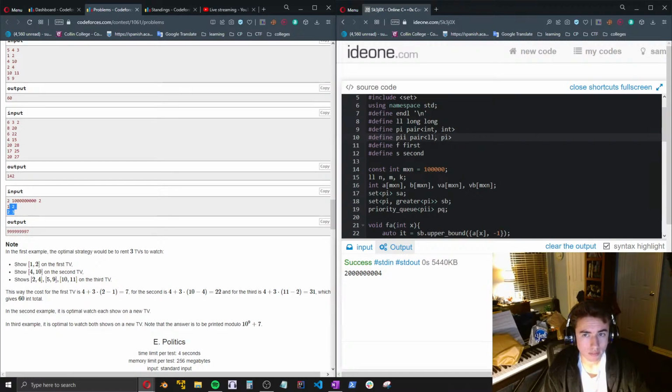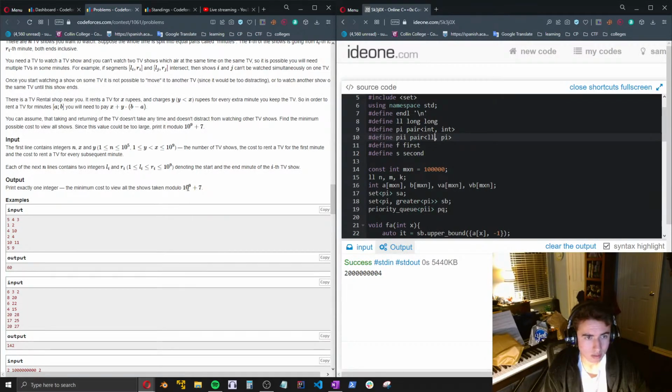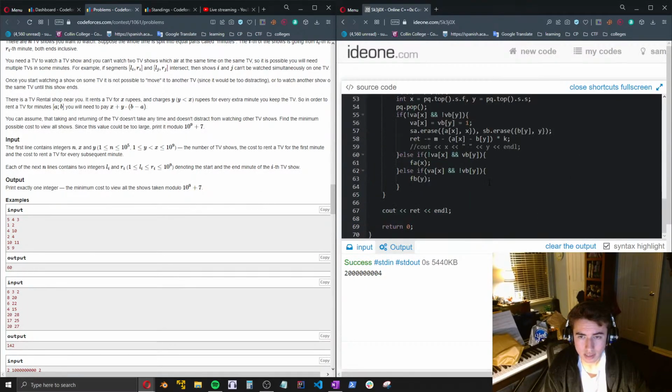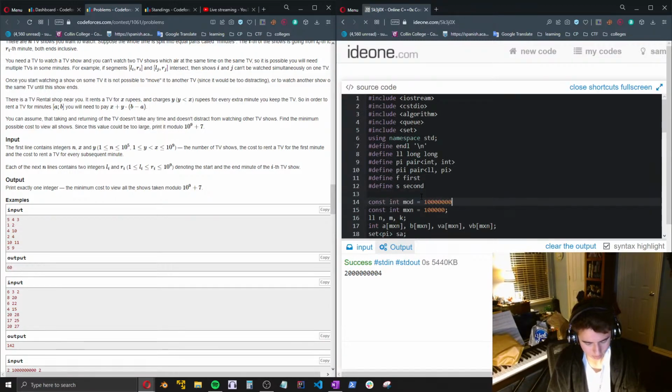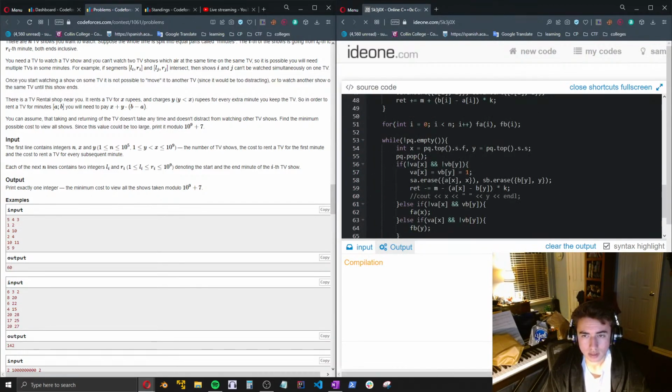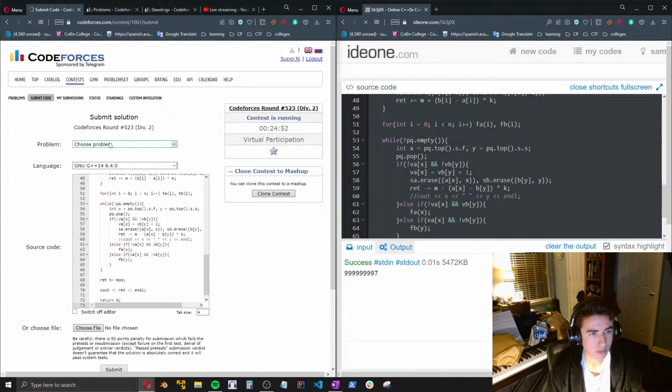Wait, why is the answer being printed modulo 10 to the 9th plus 7? That's stupid. Because like if it's a maximum, if it's minimizing, I need to keep 1, 2, 3, 4, 5, 6. Okay. That's stupid, but whatever. Maybe they're like trying to disguise the answer or something? I don't know. Let's see, will this work? Please work.